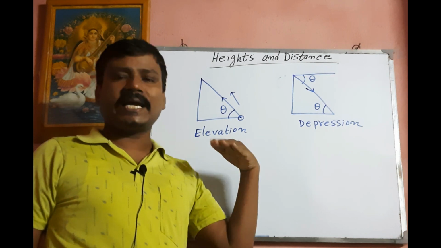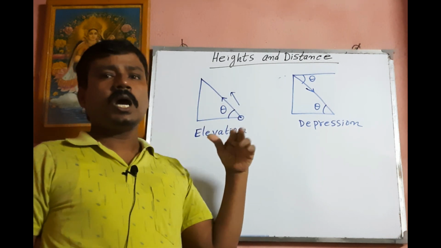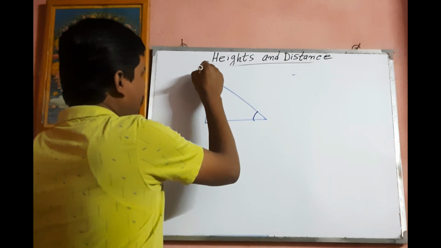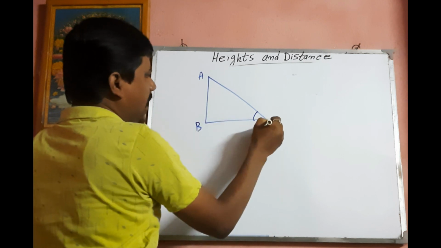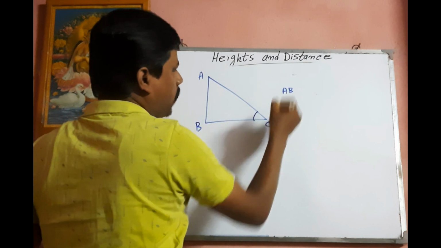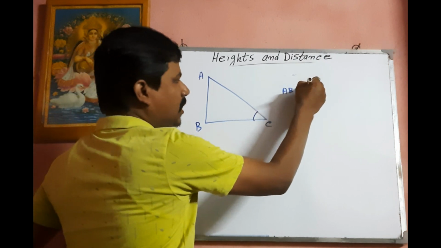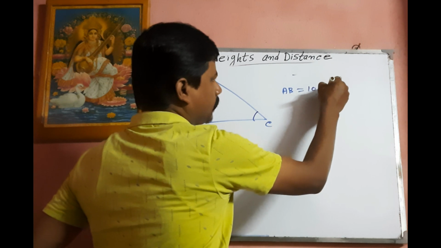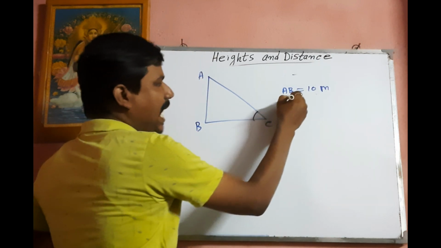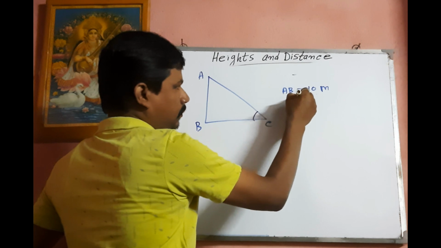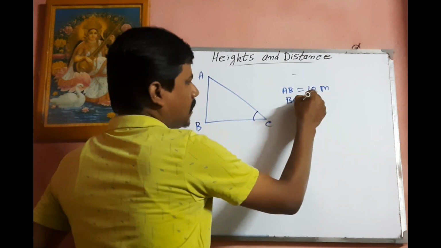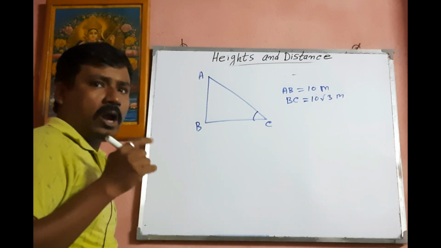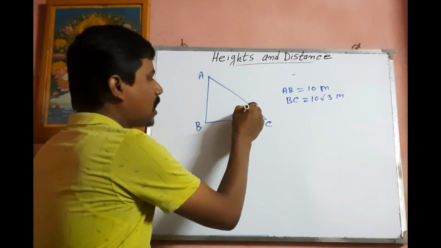Now we move to the example section of this chapter. Through examples we are discussing height and distance. Suppose AB is a pole of height 10 meter and the shadow of this pole is 10 root 3 meter, and find the angle of elevation of the sun.